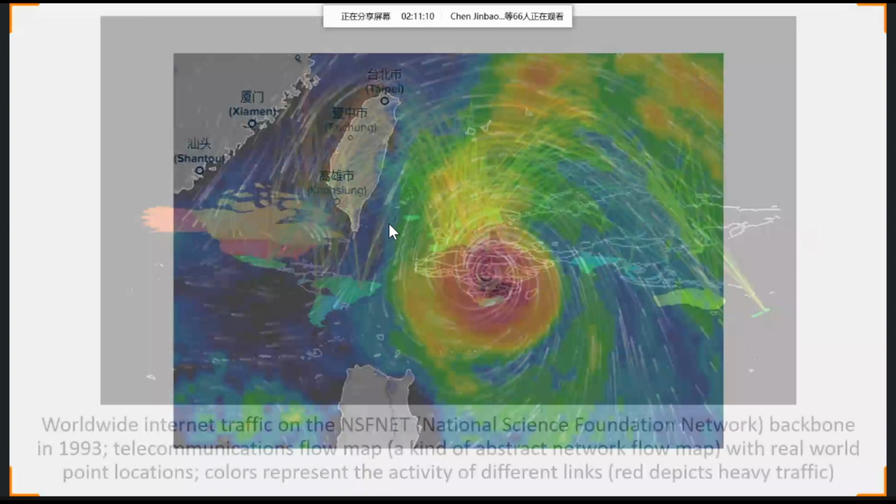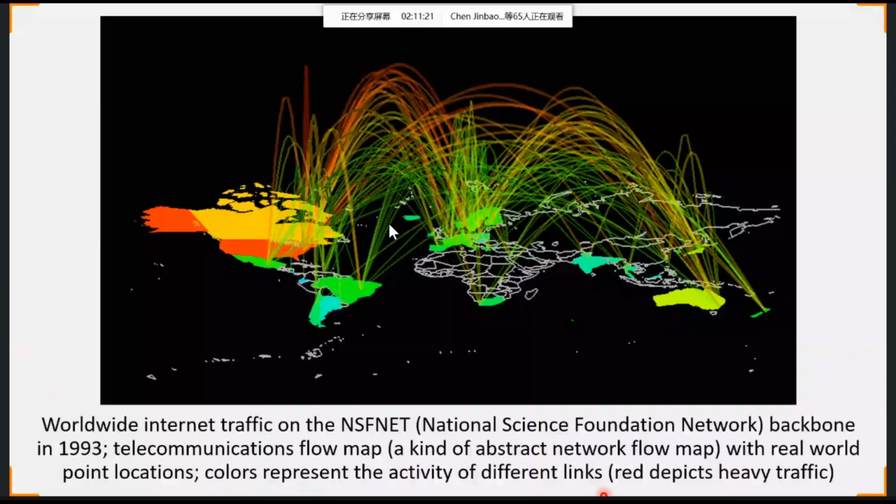Another example now about the internet. This is the worldwide internet traffic on the NSFNET. NSF is the National Science Foundation, and that's a quite old situation here. That's the backbone of this network in 1993.